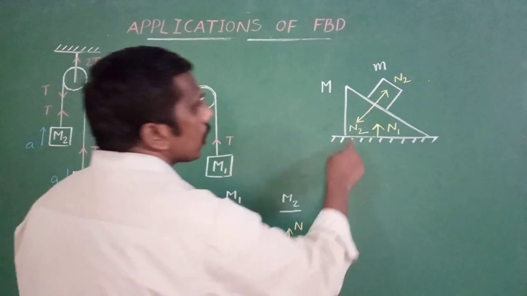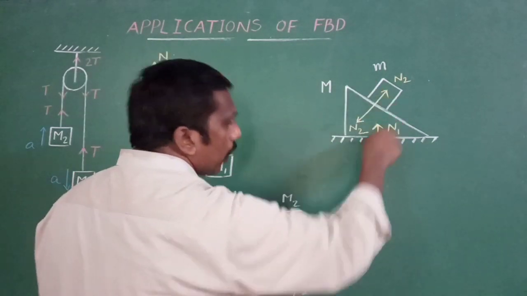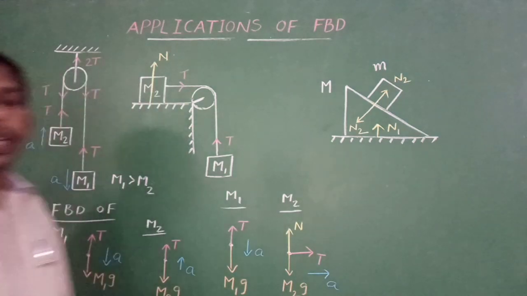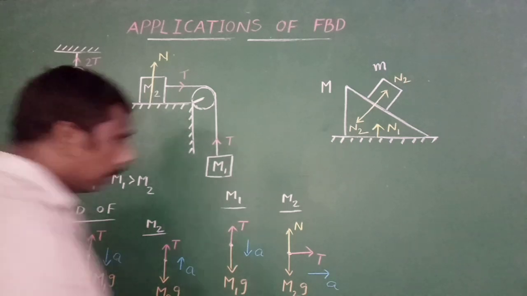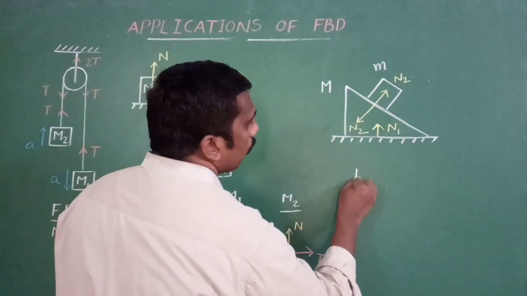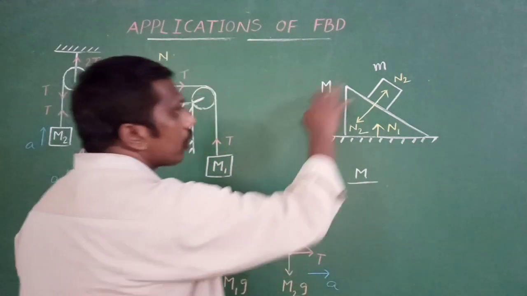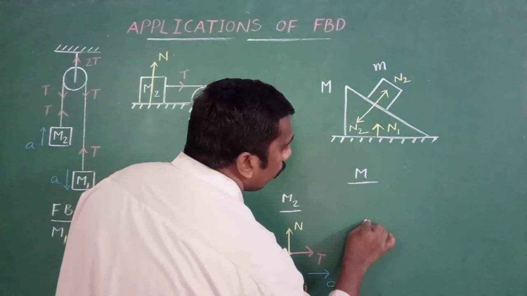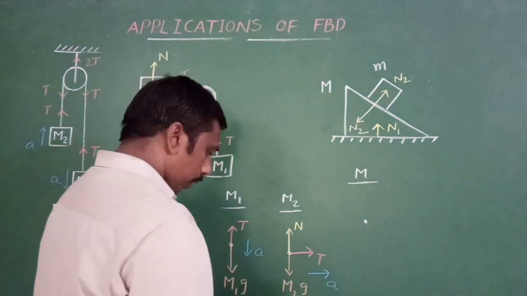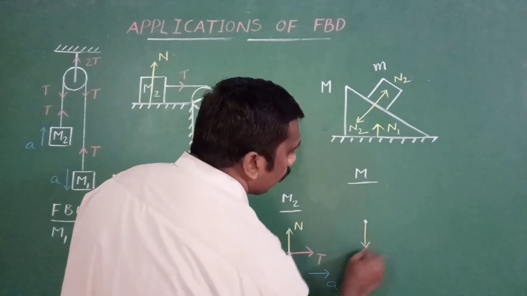In addition to this, the weight of capital M is acting in the downward direction, and the weight of small m is also acting in the downward direction. So these are the major forces acting on the blocks. Take a free body diagram of capital M. Here all surfaces are taken as smooth. For capital M, the weight Mg acts in the downward direction.